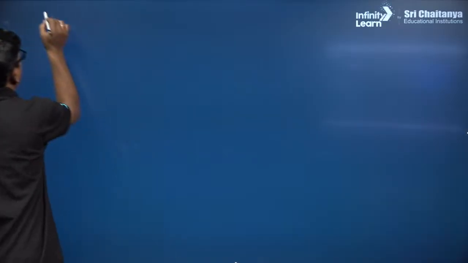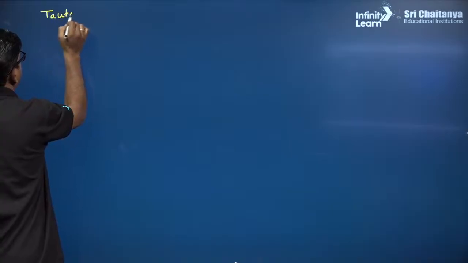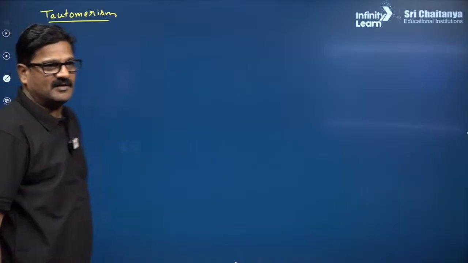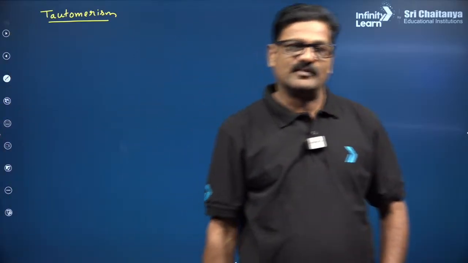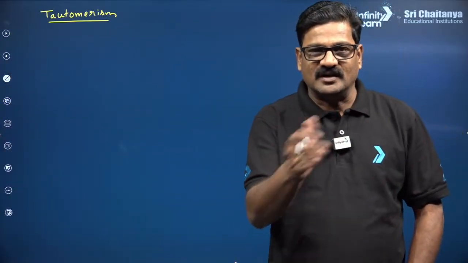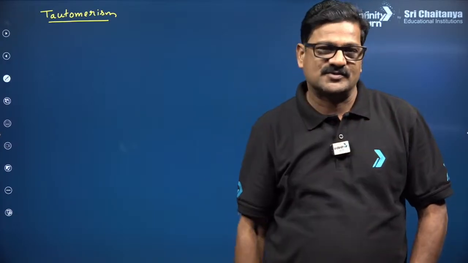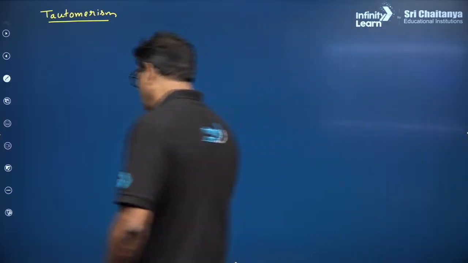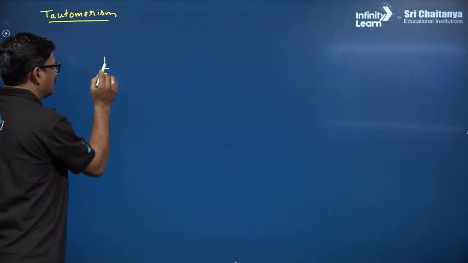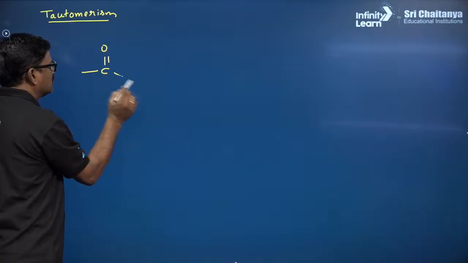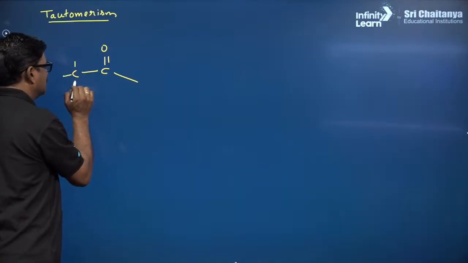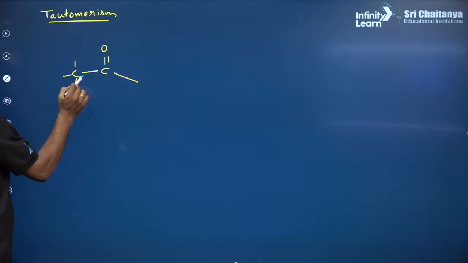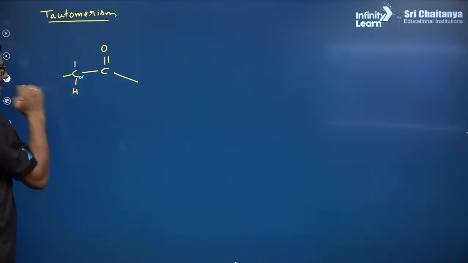Look here, tautomerism. It's a special type of functional group isomerism which exists in interchange of atoms so that it is in dynamic equilibrium. Look at this. Carbon, double bond O attached to the carbon, and this is called the alpha carbon, and this is called the alpha hydrogen.